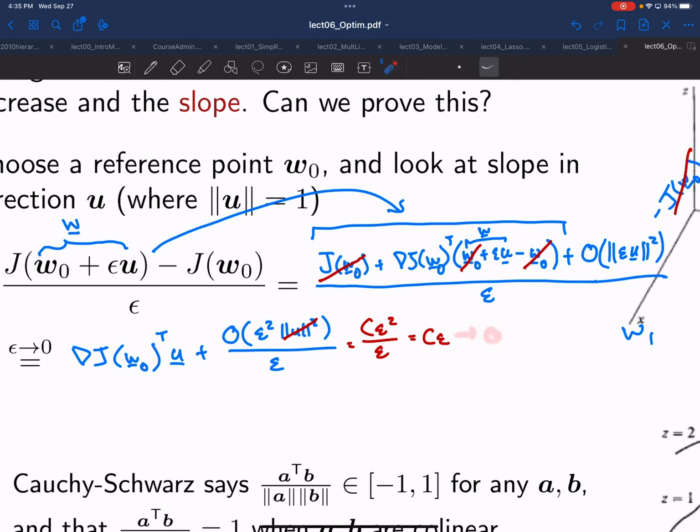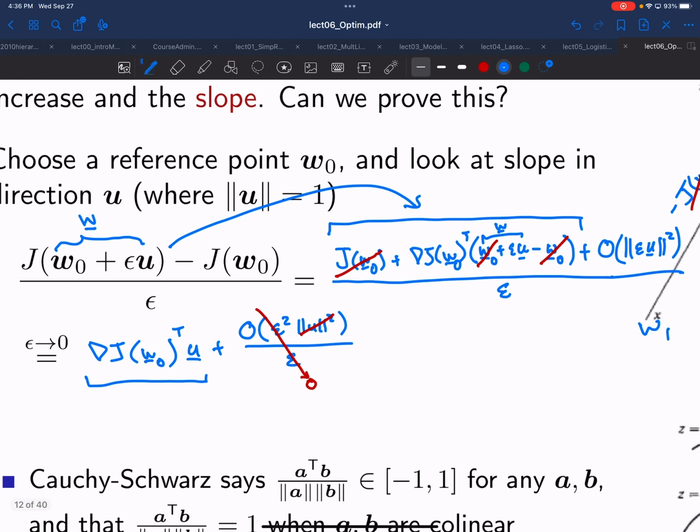So as a result, this whole last term goes to 0. So let me put a big line there. This goes to 0. So all we're left with is this first part here.